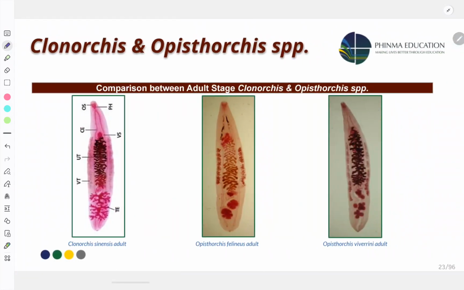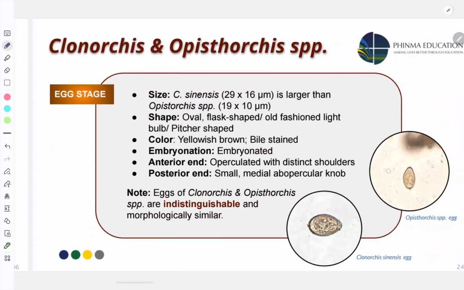So if you could see here, the testis of your Clonorchis sinensis branching. Opistorchis is slightly lobulated. Makita pa nimo ang branch, pero mura sad siya og circle, mura globule, compared to your Opistorchis viverrini na deeply lobulated, no? Circle na lang jud imong makitaan, dili nakakasi og branching.